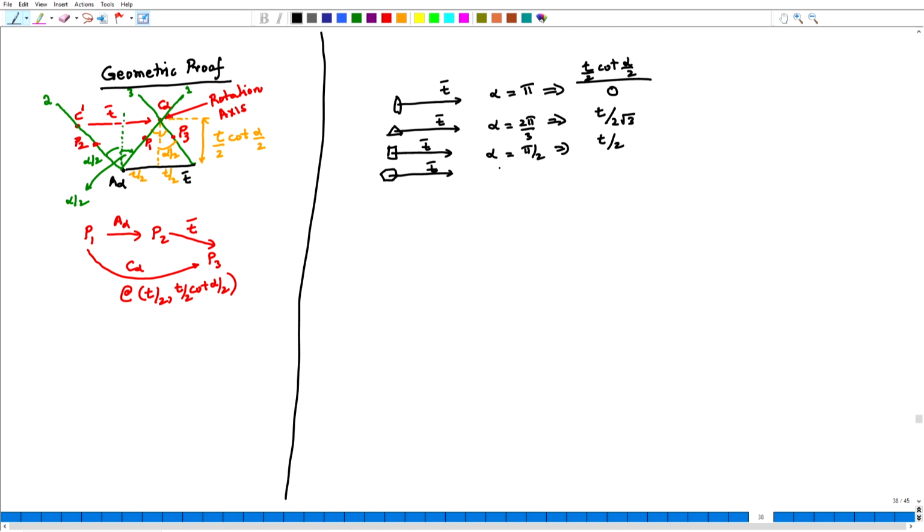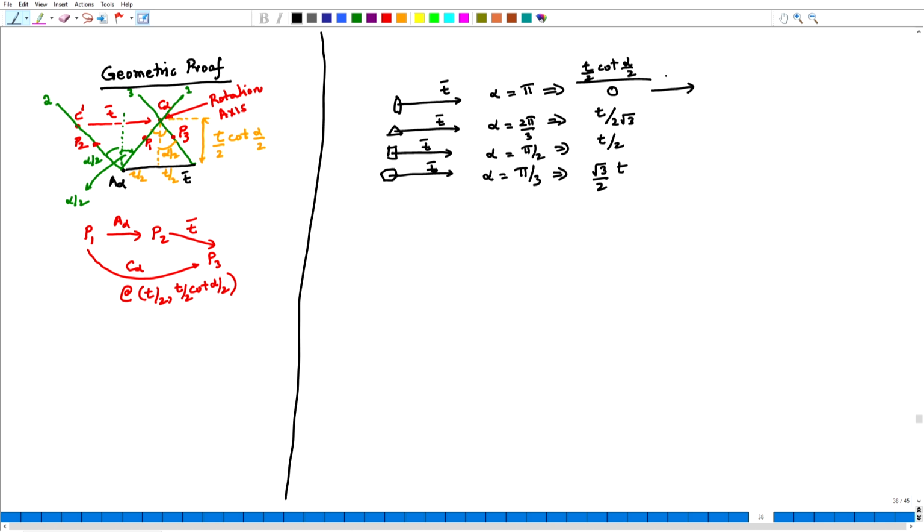Finally, the hexagonal case, a 6-fold rotation, alpha is equal to pi by 3. So, cot of alpha by 2 means cot of 30 degrees, and what we will get would be root 3 upon 2 times T. So, now what does this mean?